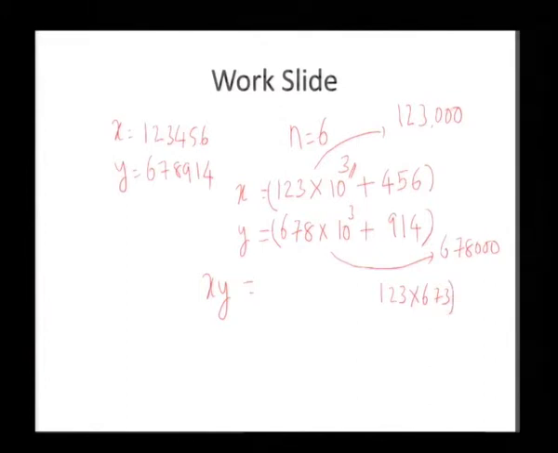Let me write this just for the purposes of visualization in this form, that we just need to evaluate 123 multiplied by 678. Observe that we wanted to multiply two 6-digit numbers, and because we know that we can pad these 6 zeros, this is the multiplication of 3-digit numbers.